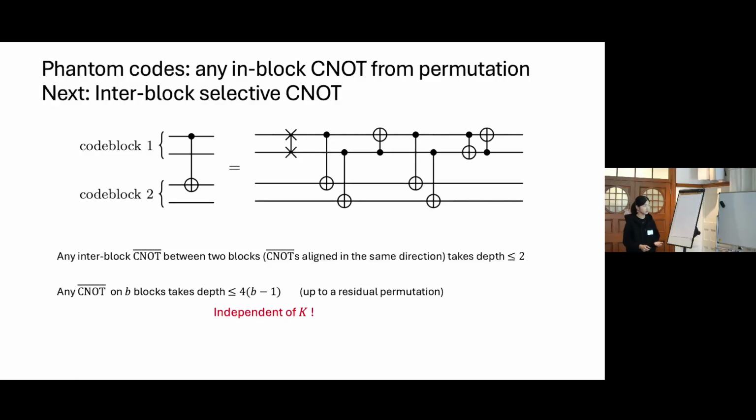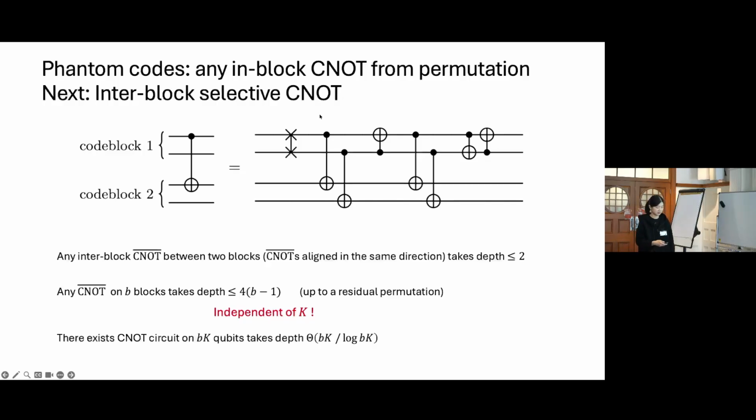So this is why it can speed up compared to, for example, if you have B times K qubits encoded using B times K blocks of surface code, then there exists some very complicated CNOT circuit that can take you this many steps to implement. And this is by counting argument. And this is by a constructive proof. So you can see that basically this phantom code is saving you by a factor of K in terms of the depth. And this is as desired, I would say, because it can do arbitrary in-block CNOT from permutation.